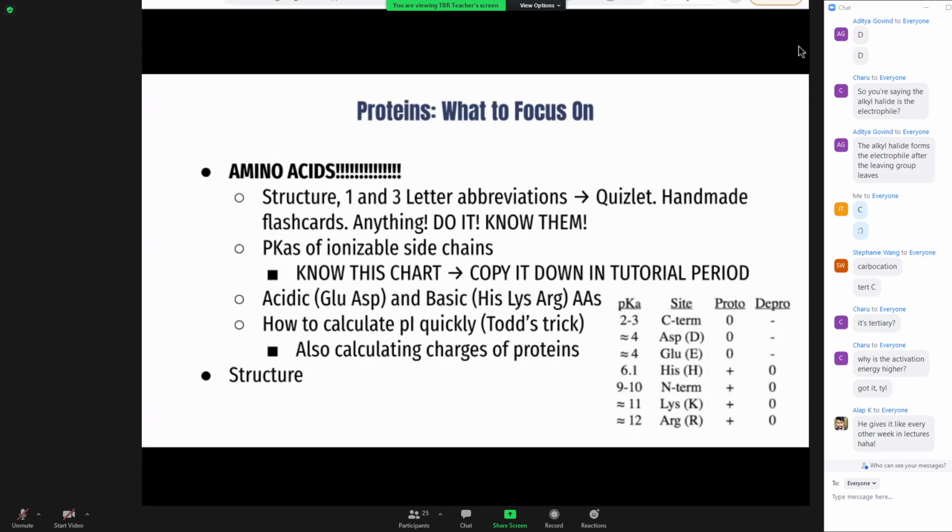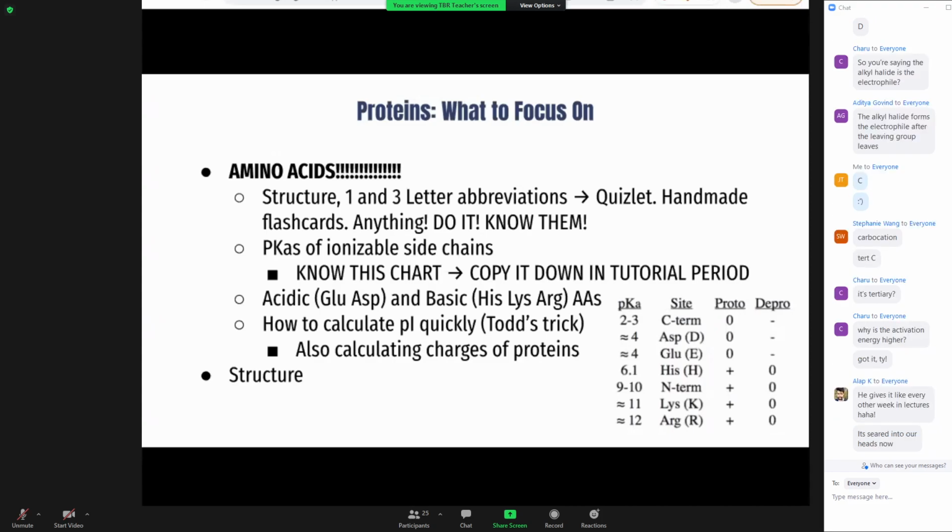This chart, super helpful. Know it, copy it, practice copying it. It's really important. The MCAT loves PI, they love PKs, they love electrophoresis, all this stuff. They really like it. I'm not sure why, but it always shows up on the MCAT. So I'm glad it's seared in your heads. Just make sure you know it.